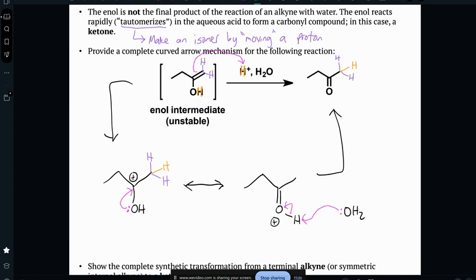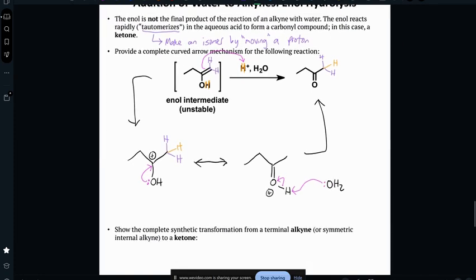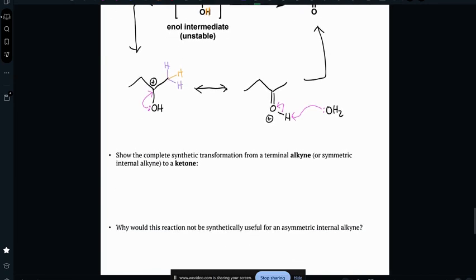All right, so this is an example of a tautomerization. We're just adding a proton in one spot, removing a proton from another spot, and the ultimate product of this reaction is a ketone.